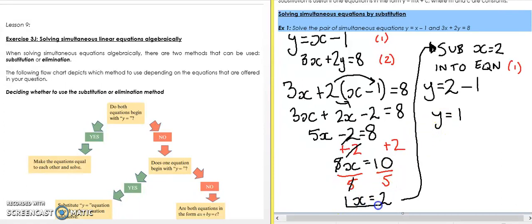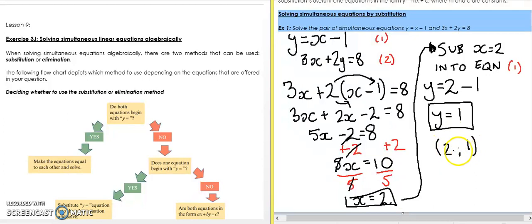So we got our two values. x is equal to 2 and y is equal to 1, or (2, 1). Close bracket. So let's test this out. If our x value is 2, so when we substitute x equals 2, 2 minus 1 should give us 1, which is the case here.